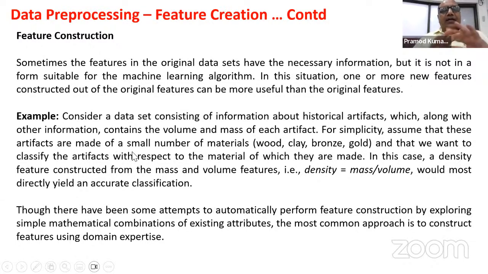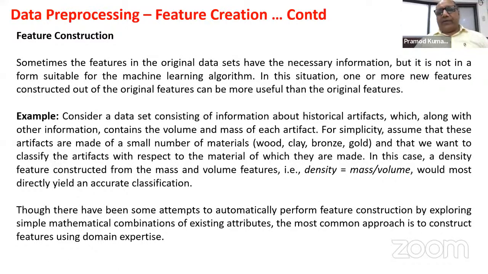And we have to classify them in such a way that which artifacts are made of wood, which are clay, which are bronze, and which are gold. We know that the density of wood, clay, bronze, and gold are completely different, and we have the volume as well as the mass. So if I create one feature named density using the mass and volume, it will directly give me which belongs to which one.